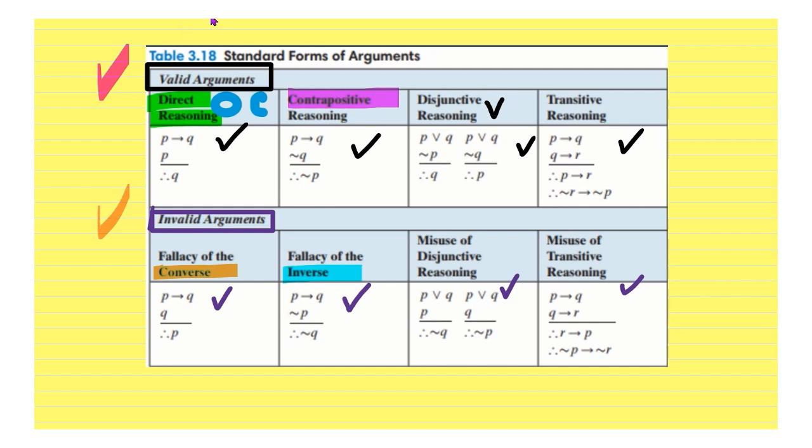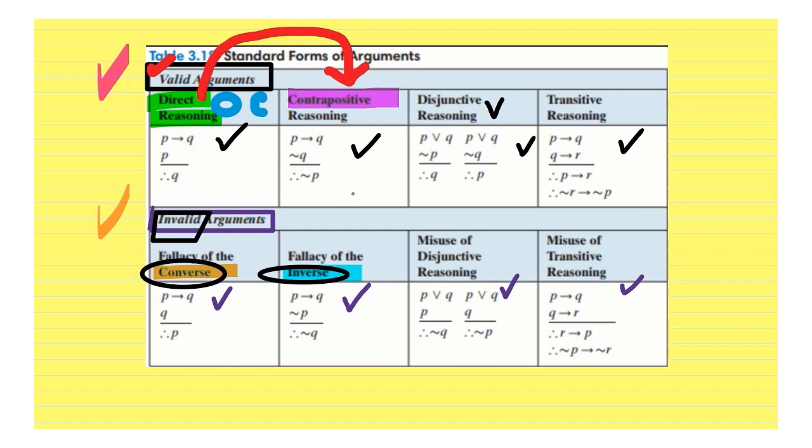And again, the relationship is that the original conditional statement will always be equivalent to the contrapositive, and that leads to a valid argument. But the original is not equivalent to the converse, and it's not equivalent to the inverse, and therefore that always leads to an invalid argument.